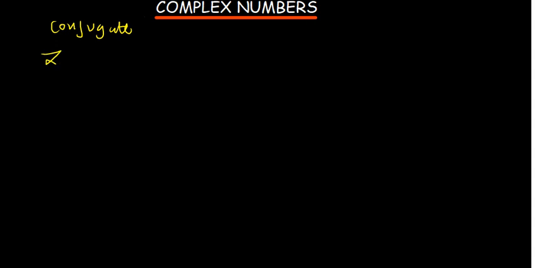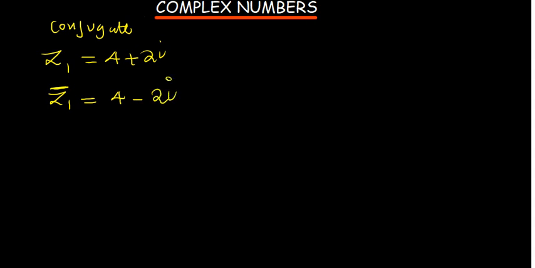When you've got a complex number z, which is equal to 4 plus 2i, its conjugate, written as z with a bar on top, is going to be given by 4. You are going to change the sign of the imaginary part. The sign of the imaginary part becomes negative 2i.